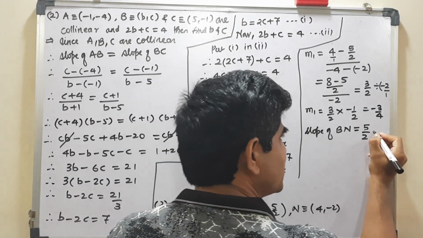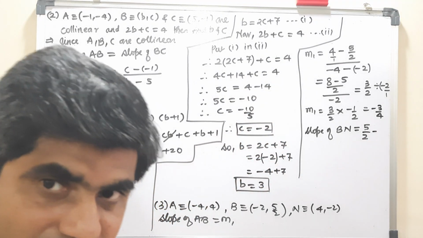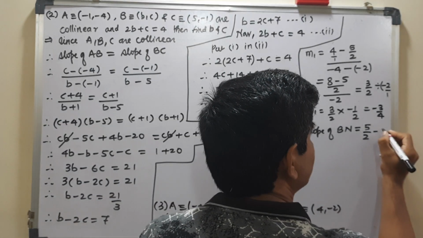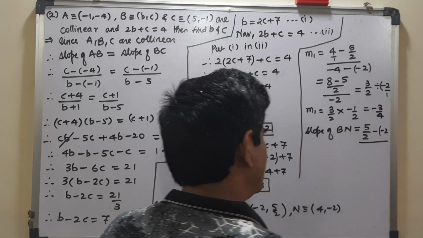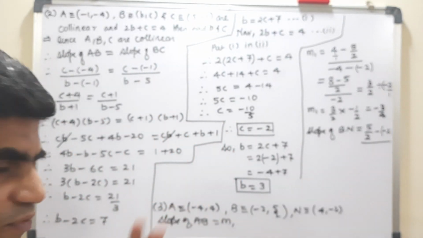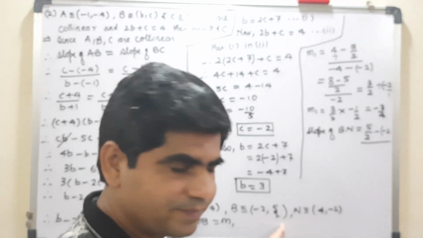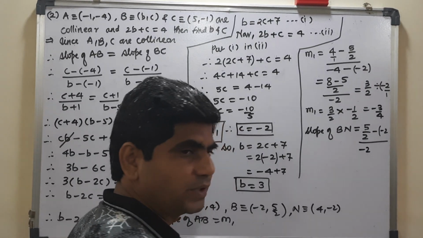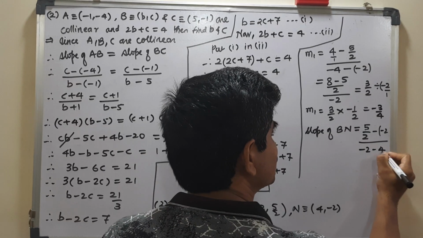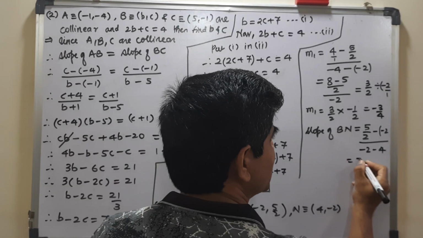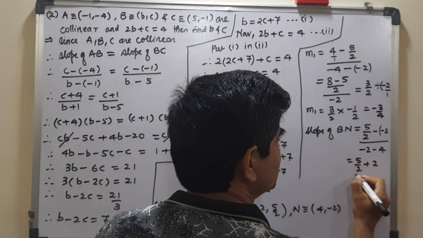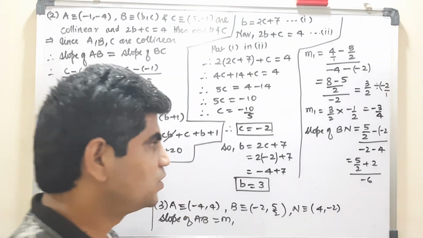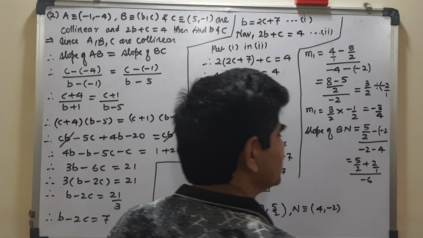So minus, the difference minus and minus 2 its own individual sign, bracket minus, upon difference of x coordinate. 5 by 2 I took first, so I need to take this minus 2 only first, that is minus 2, and this is minus 2, so that becomes 5 by 2 plus 2 upon minus 6, right? So here I get this to be 1.